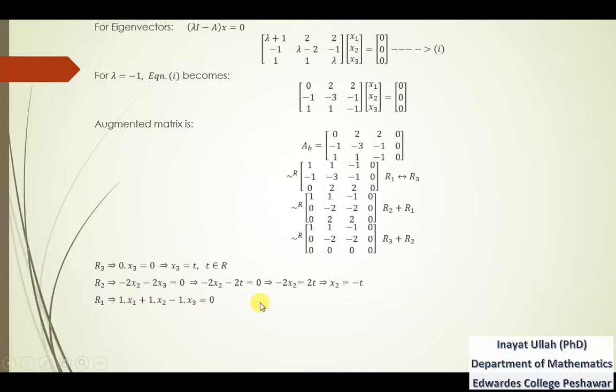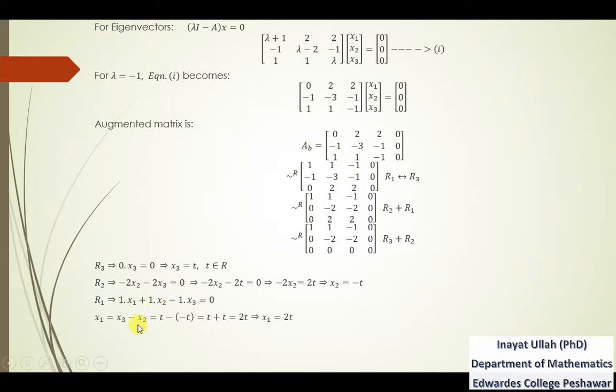Now replacing x2 by minus t here, x3 by t here, and shifting these two towards the right side first, so that will become positive and this will become negative.